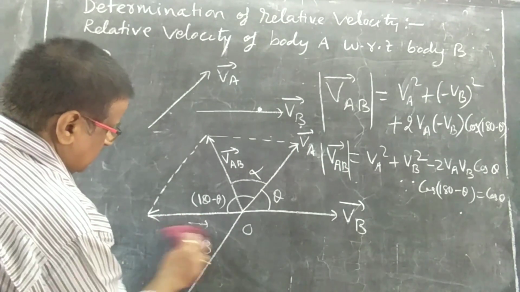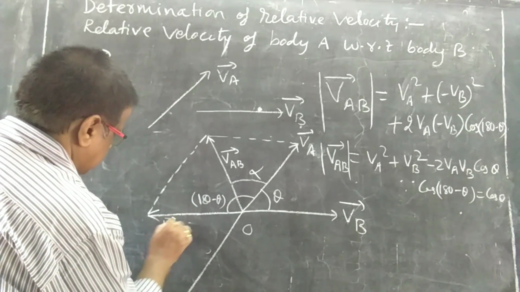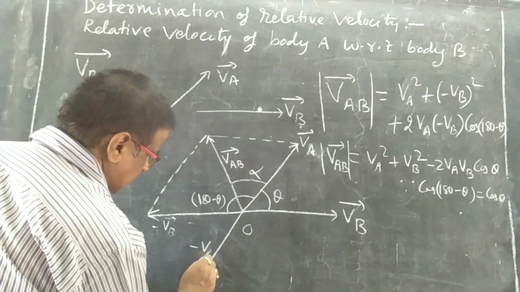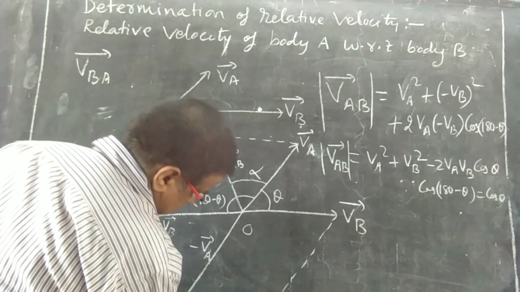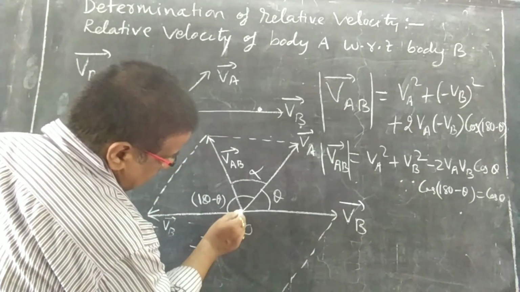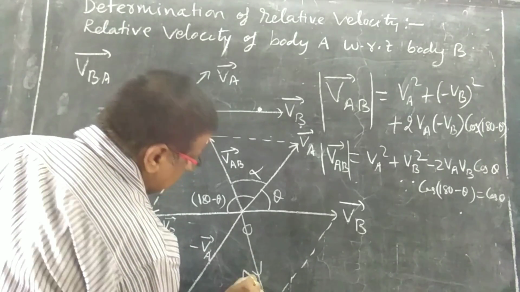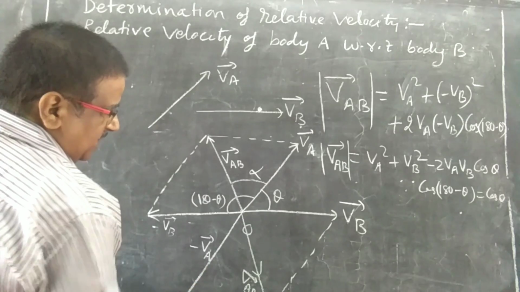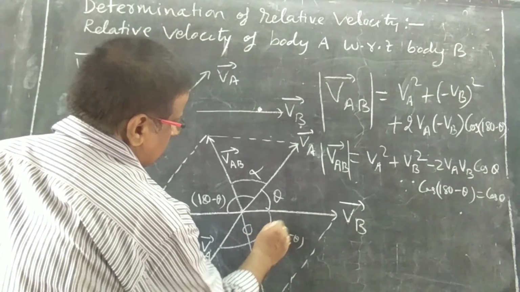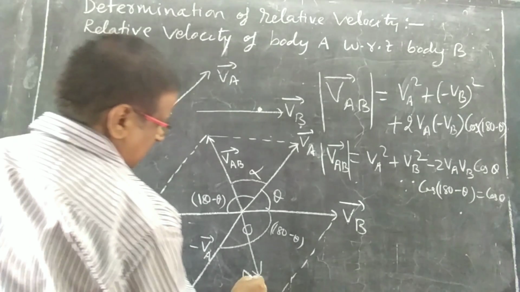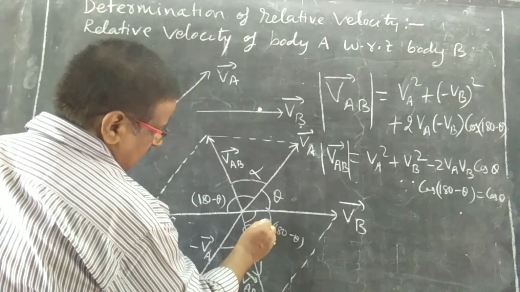This is now minus VA. And then you have to proceed, make the parallelogram and it will give the VBA. This is the angle theta and this angle will be 180 minus theta and this angle you can write as alpha.